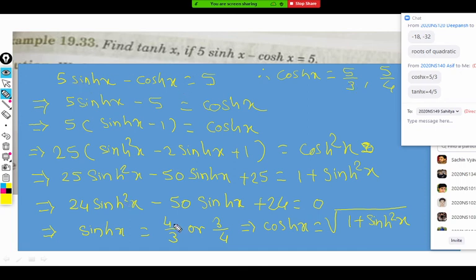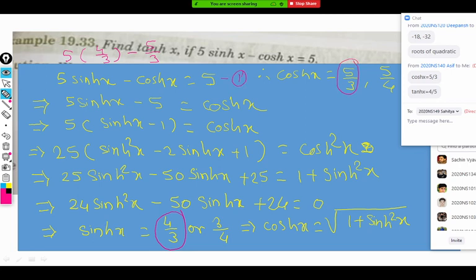See, when you take the first pair 4 by 3 and 5 by 3, I will write it here in the rough. 5 sinh x, I am taking 4 by 3, minus cosh x, I am taking 5 by 3. So it is 20 minus 5. It is 15 by 3, that is 5. So the first pair is satisfied. This pair satisfies this equation 1.